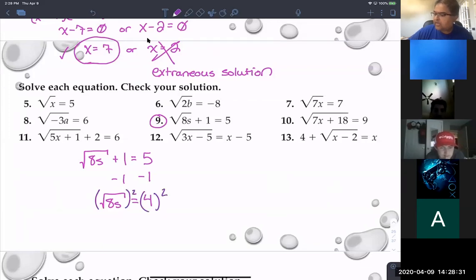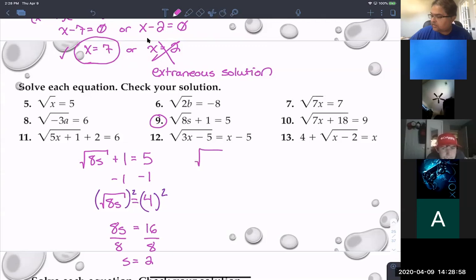Okay, square both sides. When we square both sides, what do we get? 8s equals 16. Okay, now we solve. So we divide by 8. And what is our potential solution? S equals 2. Okay, now are we done? No. You have to go back and see if it works.